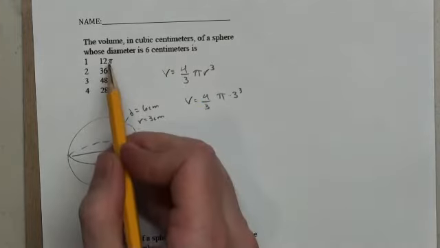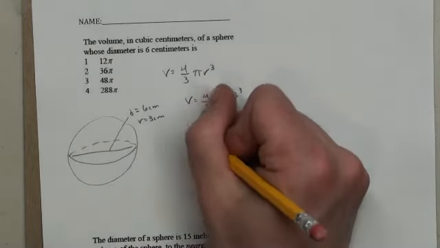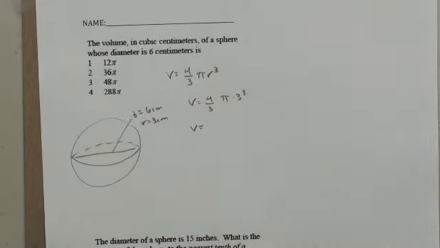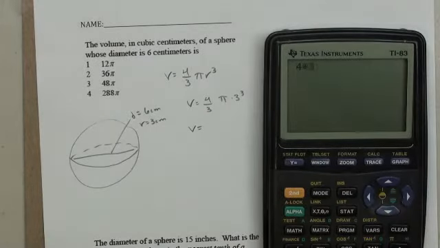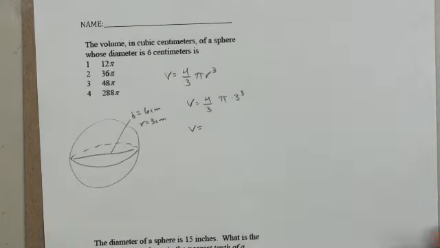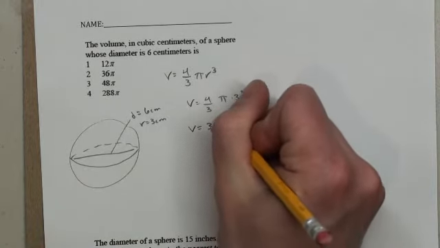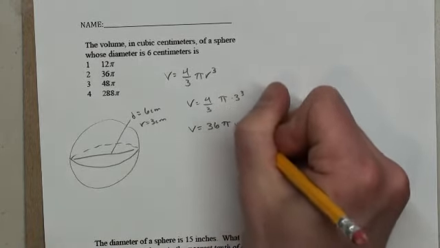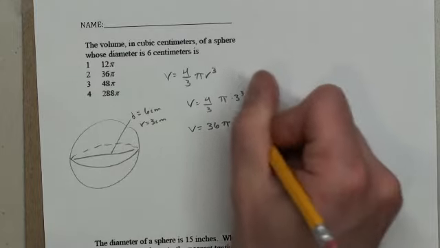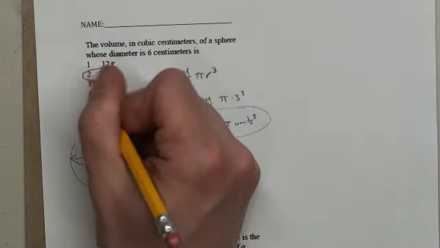And they want it in terms of pi. You see the pi in the answer? So volume equals 4 times 3 raised to the 3rd divided by 3 is 36, so it's 36 pi units cubed. That's choice 2.